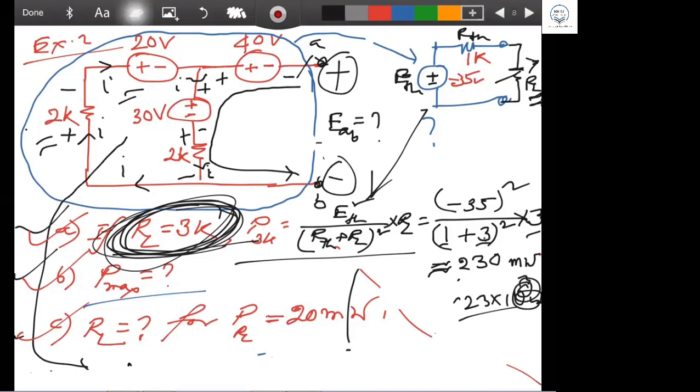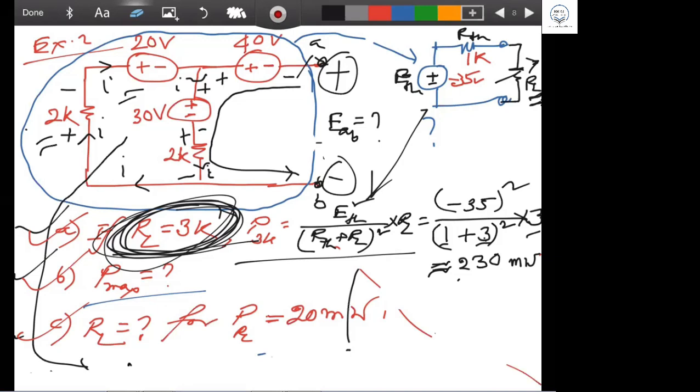This is a very simple thing. You should understand it, I don't need to tell you. Kilo ohm means you get the milliwatt. If you convert kilo ohm to ohm and do the calculation, you will get 0.23 watt, or you can say 230 milliwatt.